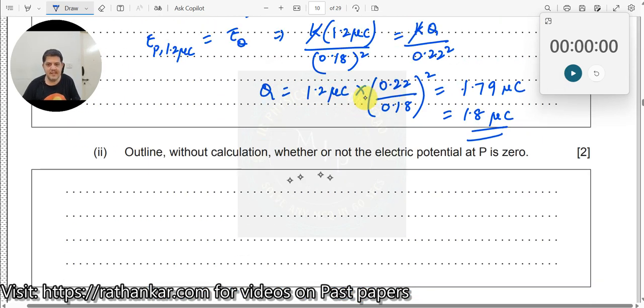So that's what it says: outline without calculation whether or not the electric potential at P is 0. So you should write 2 points over here.